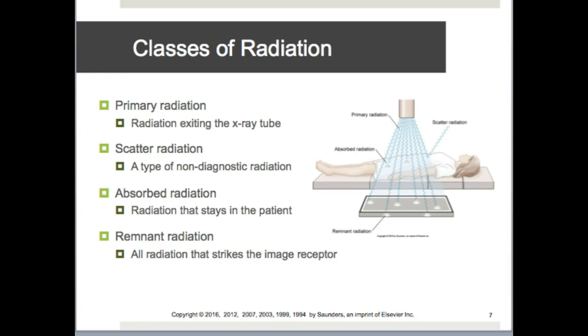There is absorbed radiation where the photon inside the body is absorbed, so it never leaves the patient. And there's remnant radiation, and that's the radiation that strikes our image receptor and gives us our image. So we need to have a combination of the absorbed and the remnant in order to get an image. So we need to see the white and the dark within the image.